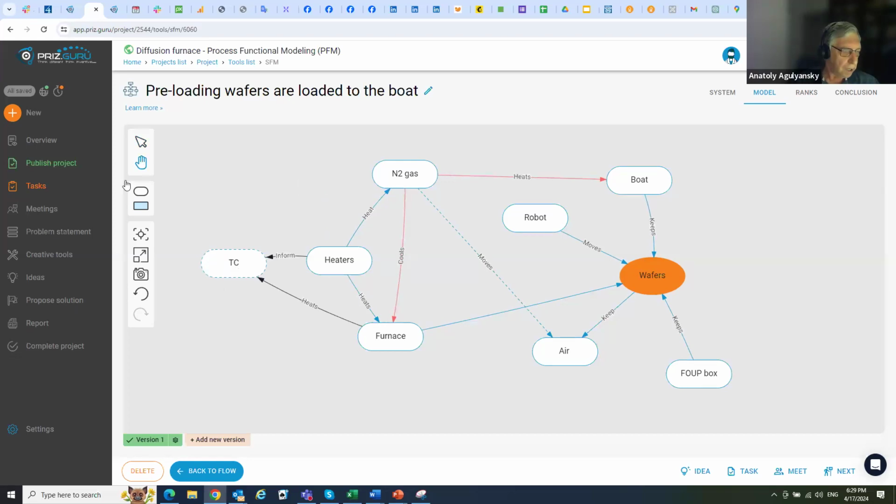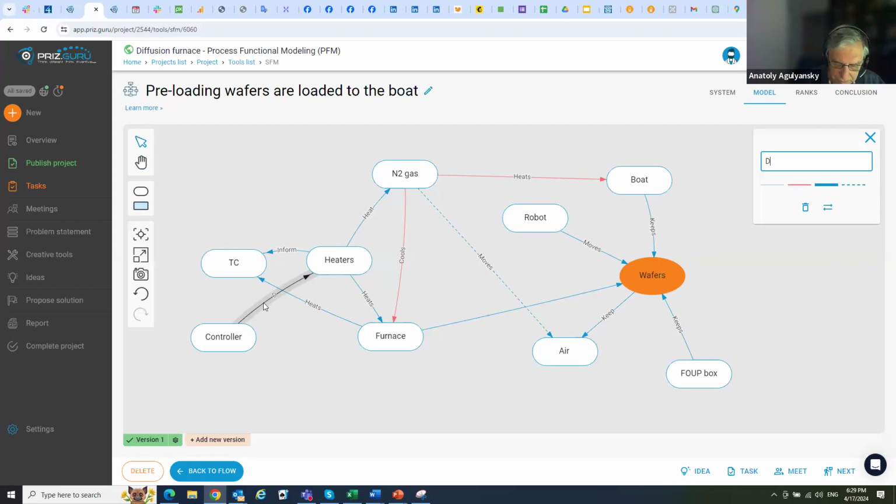And we have a controller, a temperature controller, which directs heaters.